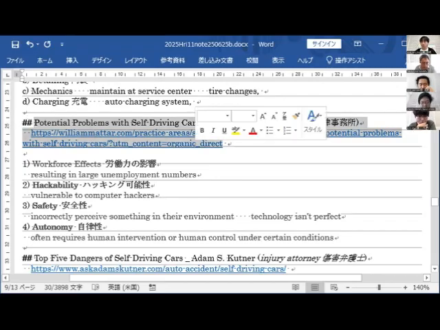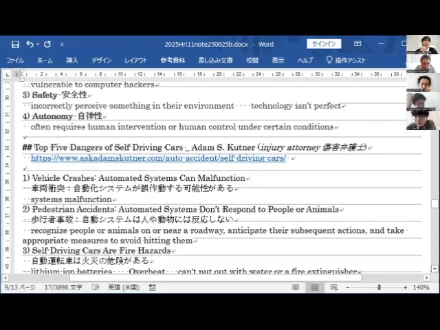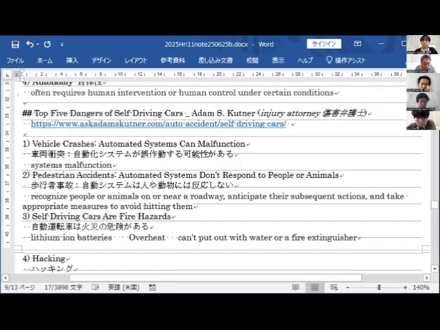I don't know when this one is from, but this site is saying the workforce effect, hackability, safety, and autonomy problems. Of course, there is also injury, and it's also the same.